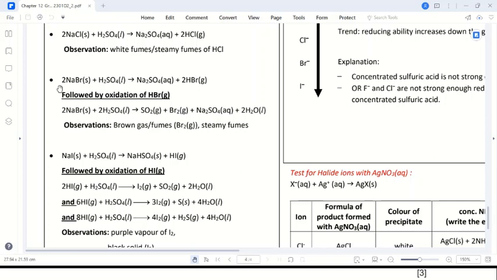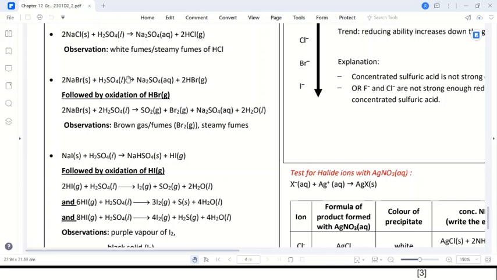But if we look at sodium bromide with concentrated sulfuric acid, there's a further oxidation of HBr. Now the first step is still the same, acid-base, like the one between sodium chloride and concentrated sulfuric acid.